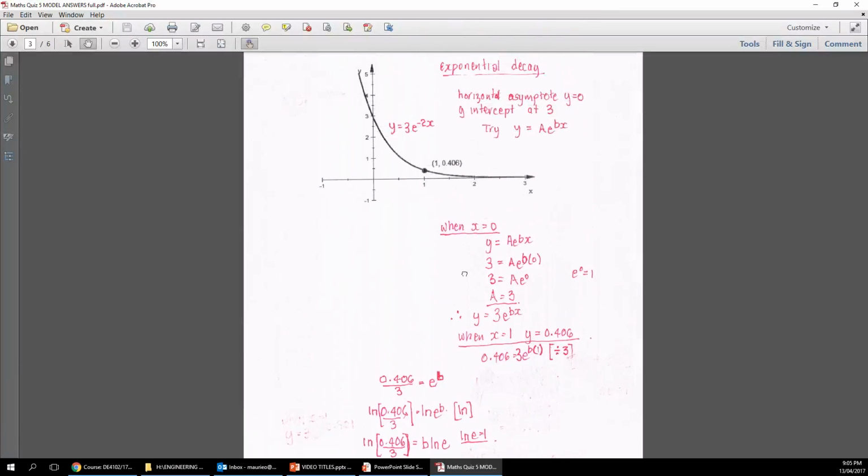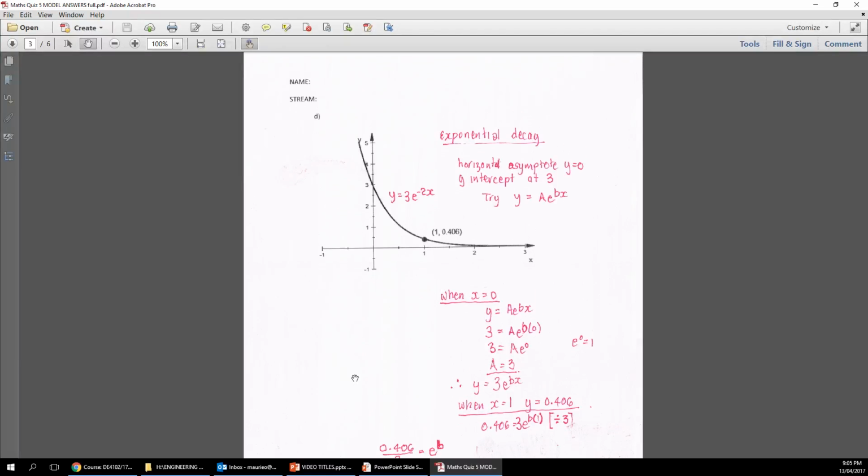Now we should be able to recognize that this is an exponential graph, and it's a graph of exponential decay. So that tells us that it's got a negative in here. The horizontal asymptote is y equals 0 here, and the y-intercept is at 3.